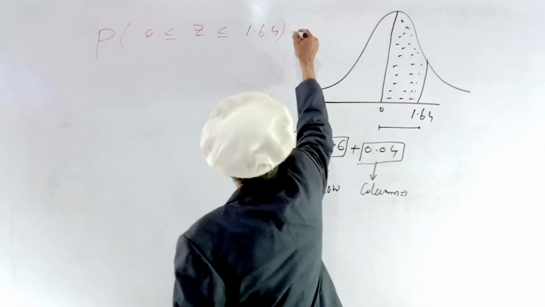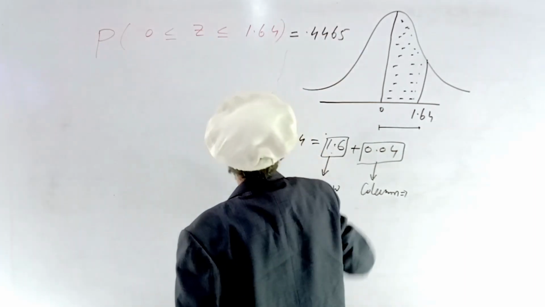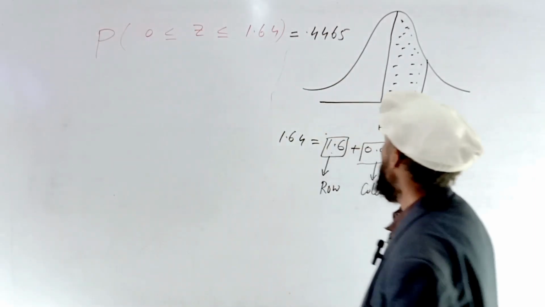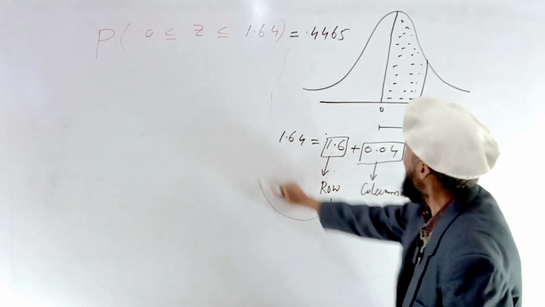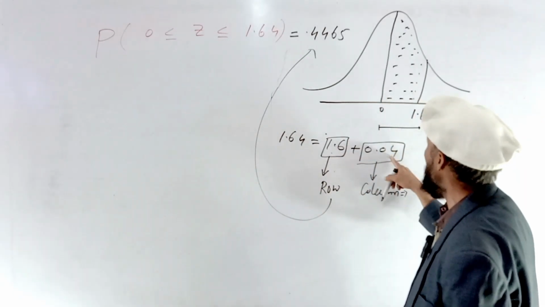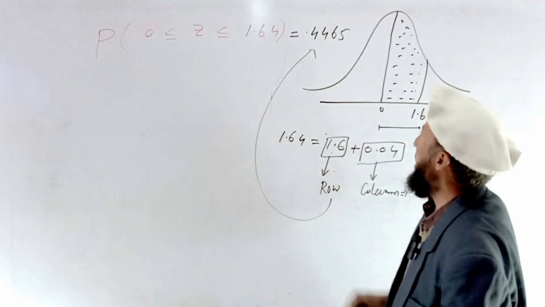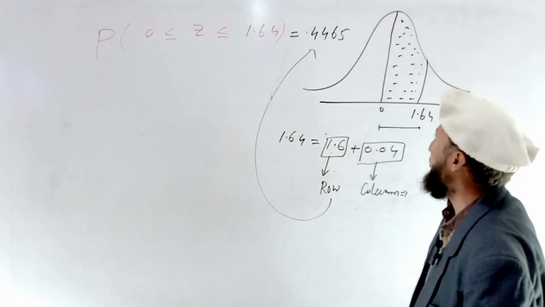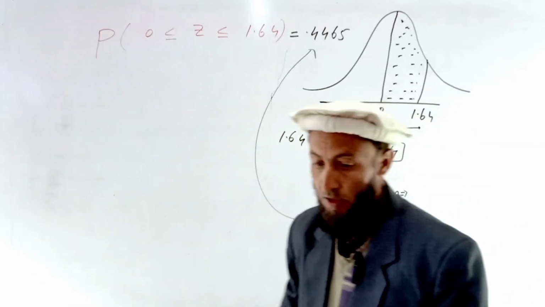The probability is 0.4495. This value is available in the row of 1.6 and column of 0.04. So this area we calculate.